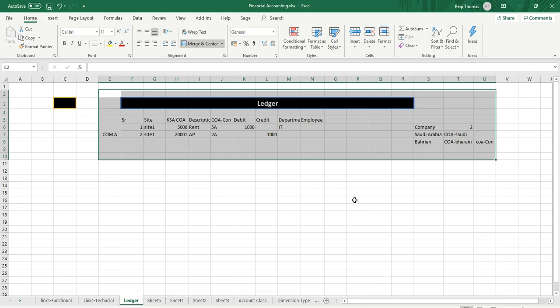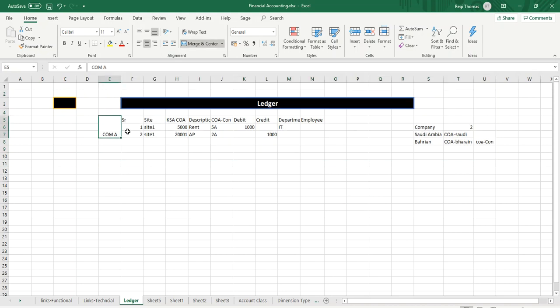In a particular company, you can have a maximum of 10 different ledgers. But having said that, a company should have one primary general tracking ledger within the system. That means when a transaction is happening, the system will give preference to that primary ledger.